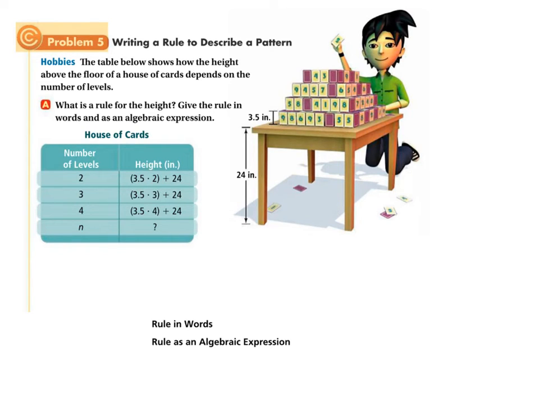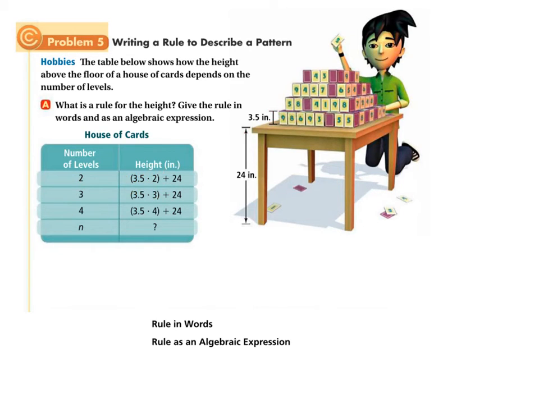If we had 2 levels, we would have 2 groups of 3.5, 3.5, 3.5, and then that 24 inches of height of the table. If we had 3 levels, we'd have now 3 groups of 3.5, 1, 2, 3, adding to the 24 inches of table height.